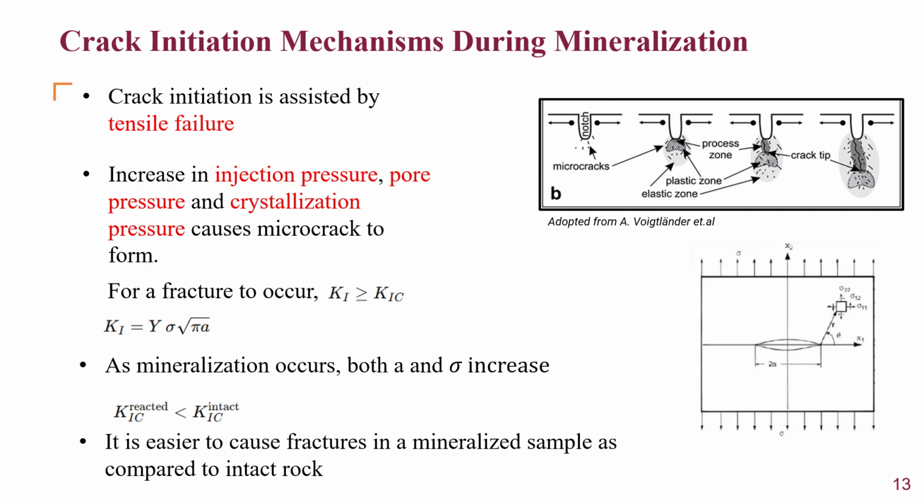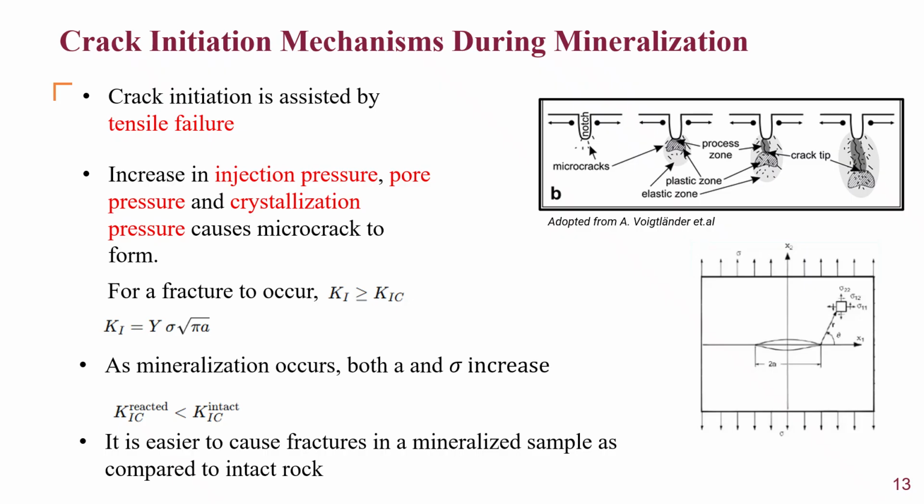As these secondary carbonates grow, they exert this crystallization pressure, which induces tensile stresses in the surrounding rock matrix. As these tensile stresses increase, it causes cracks to form. Also, increasing injection pressure, pore pressure, can also cause microcracks to form.